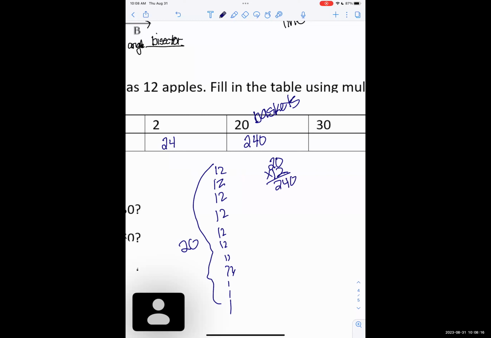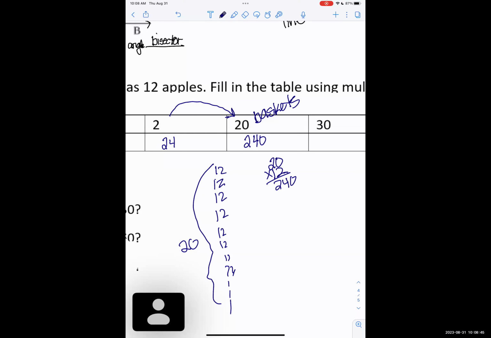Does anyone see a shortcut? If I know 2, how can I get 20? Another method besides adding 12 20 times and taking 20 times 12?